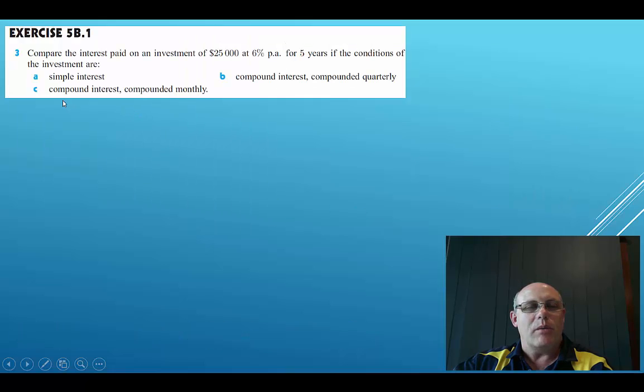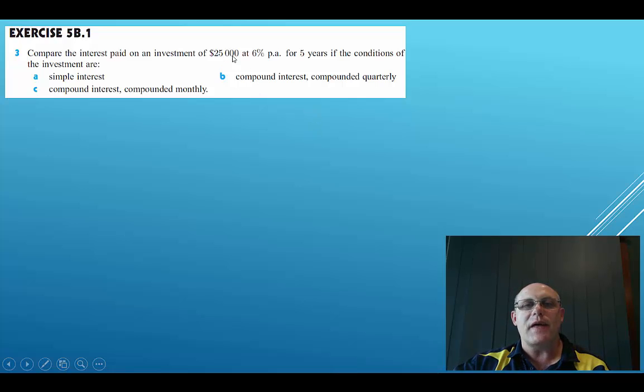When we go through these exercises, exercise 5B questions 1 through to 5, they're all using the compound interest formula, and all you're doing is solving for different values of PV, I, N, etc. So let's have a go at the first question from exercise 5B, question 3. We want to compare the interest paid on the following investment.